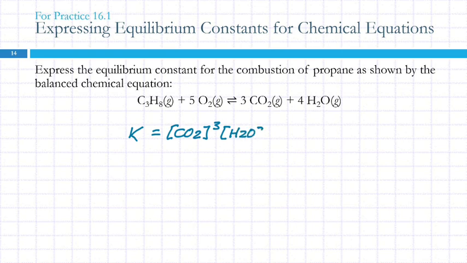Then we have H2O, coefficient there is 4, so that's the exponent, divided by C3H8. That has an unwritten 1, and so we're going to give it an unwritten 1 here. And then we've got oxygen to the 5th power. Any questions?